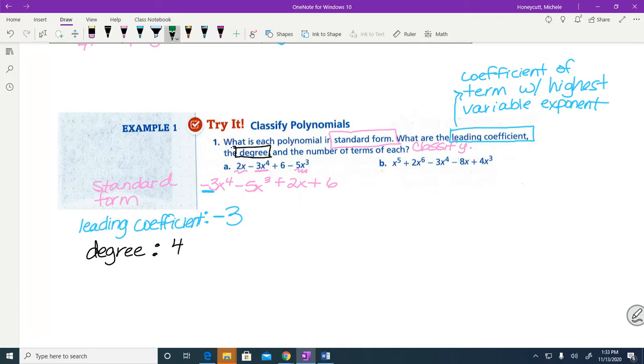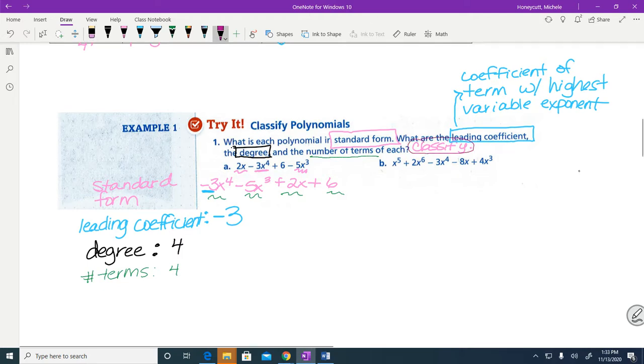Then it wants me to count the number of terms. How many terms here are there? Let's count 1, 2, 3, 4. So 4 terms. There's 4 terms. And then I'm told to classify.